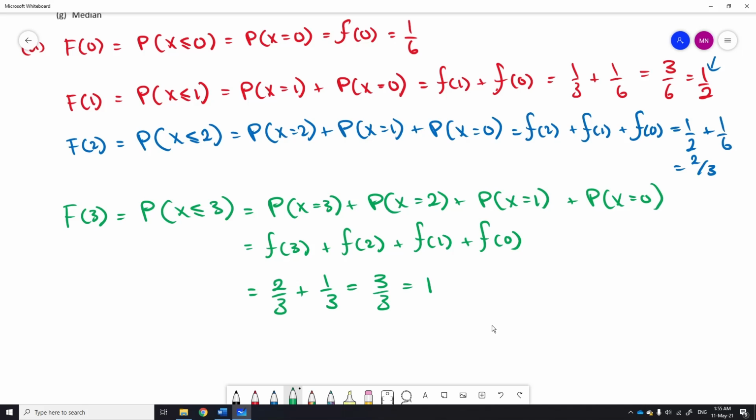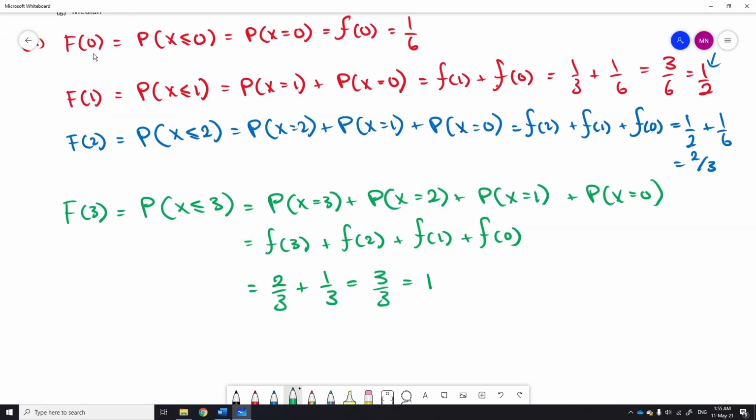Now let's form the cumulative distribution function, by using this f0, f1, f2, and f3, the highlighted ones. So our Fx to represent the cumulative distribution function, a curly bracket, where we have f0, 1 over 6.